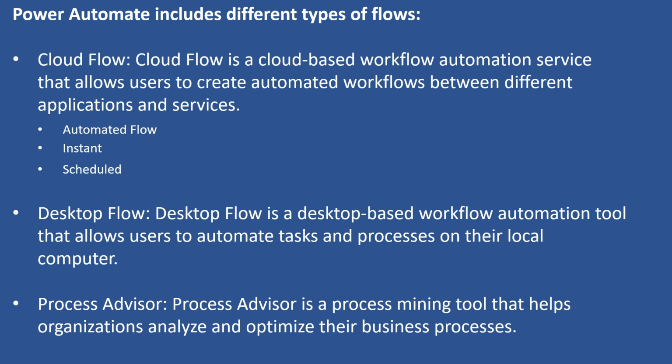What does that mean? If you have, let's say, any software installed on your desktop or laptop machine, that can be automated as well. Process Advisor is a process mining tool that helps organizations analyze and optimize their business processes. We'll be covering the entire desktop flow series in the coming time.